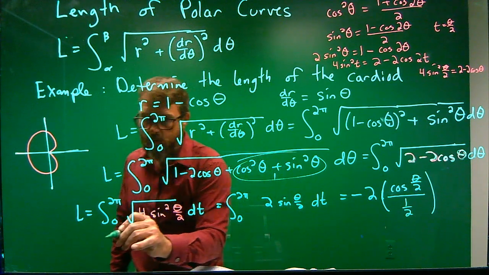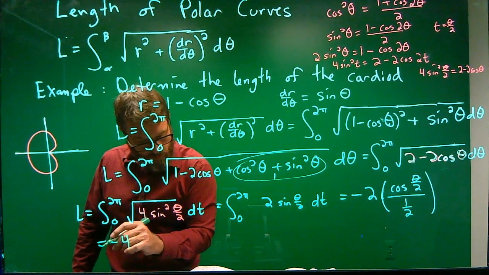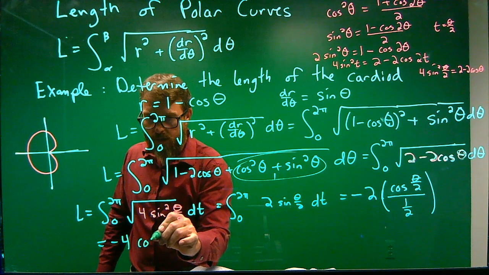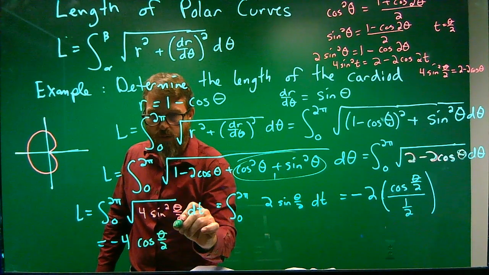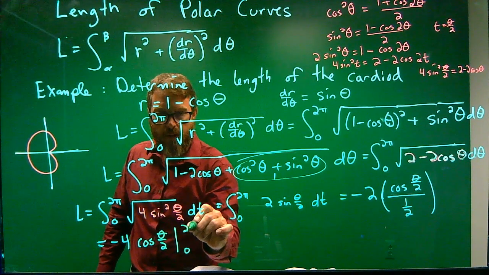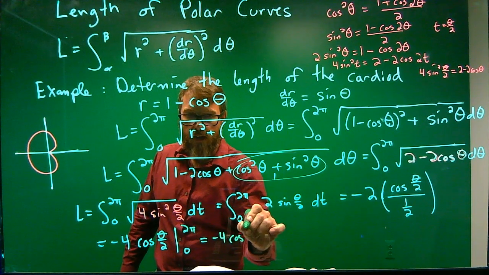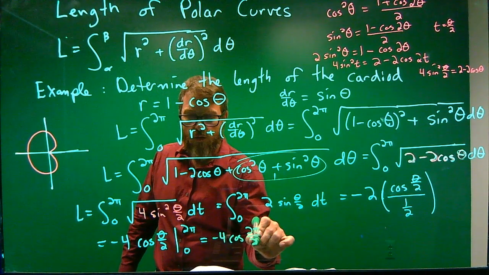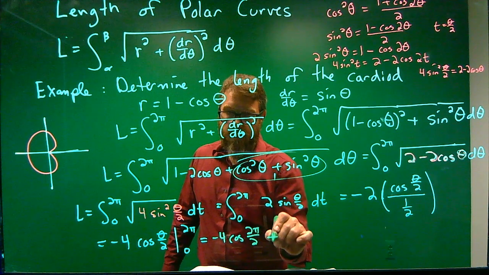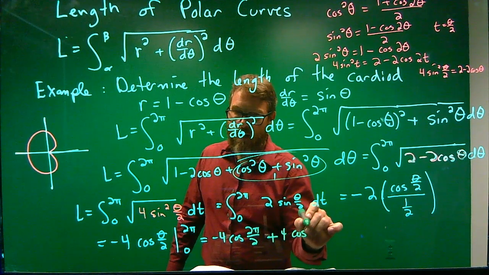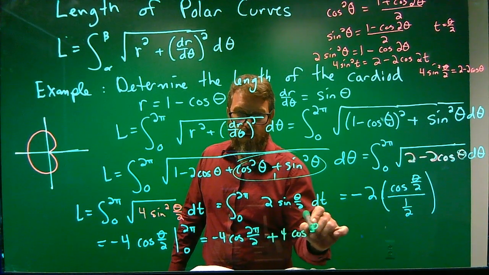So this will be equal to negative 4 times the cosine of theta over 2 evaluated from 0 to 2 pi. So evaluating the top, minus 4 cosine of 2 pi over 2, and then minus a minus 4 cosine of 0 over 2.